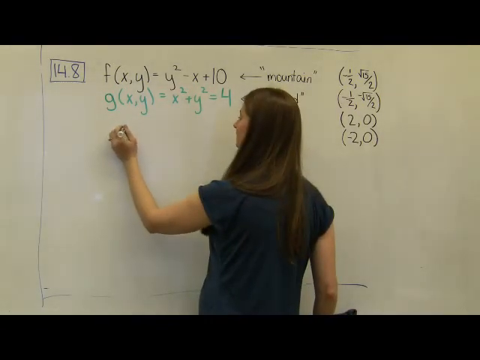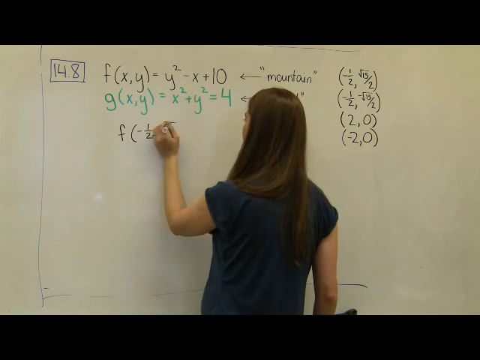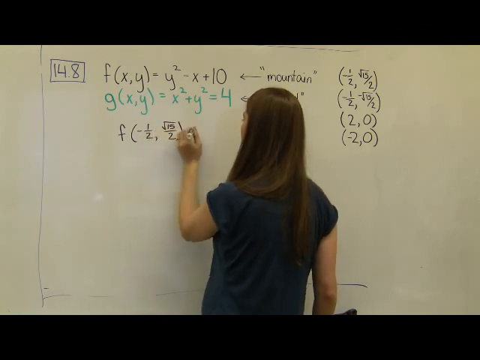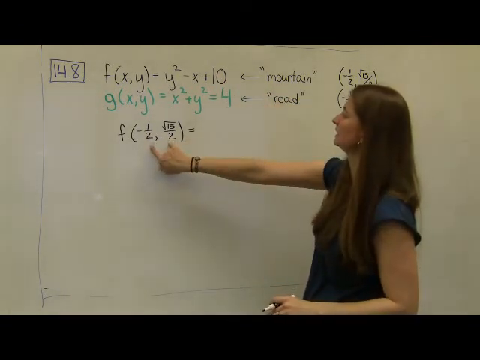So let's evaluate each of these potential max and min values one by one. The first one that I'm going to look at is f of (-1/2, square root 15 over 2). I'm plugging that into my f function because I want to know how high on the road I am at this particular point.